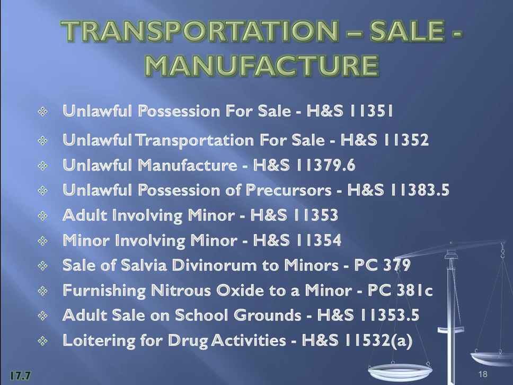So, example, very quickly, if you stop someone and you have lawful right to search them and you find one little balloon of heroin in their pocket and $10, that probably is not enough to show possession for sale, right? Because you really don't have other elements to make you think that this person is selling.